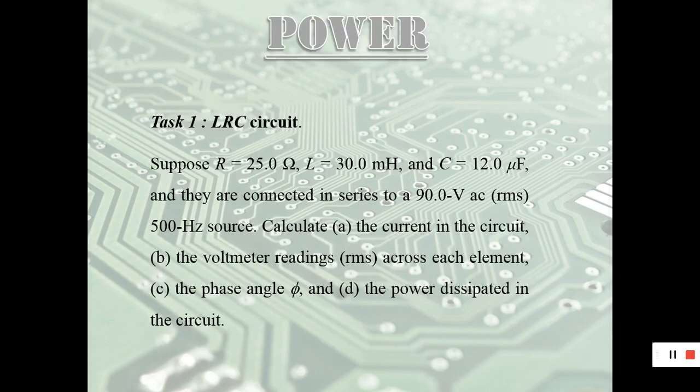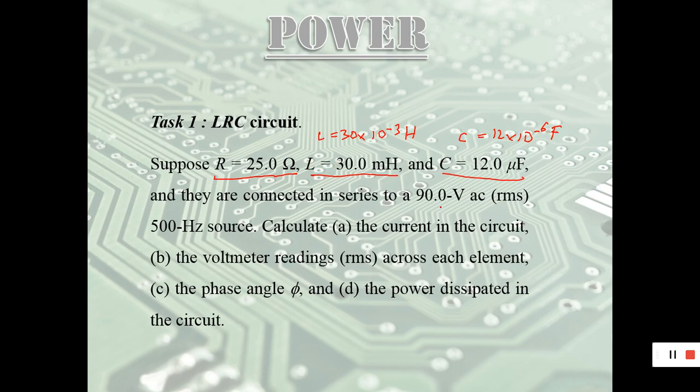I just want to summarize the question. This is the R, L, and C. Make sure you convert to Henry, so L equals 30 times 10 to the power of negative 3 Henry, and C is 12 times 10 to the power of negative 6 farad.